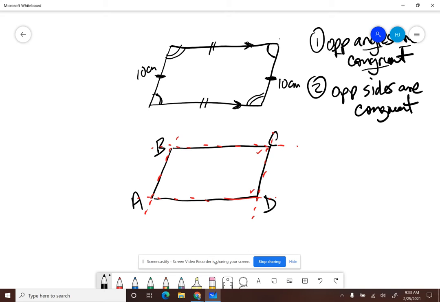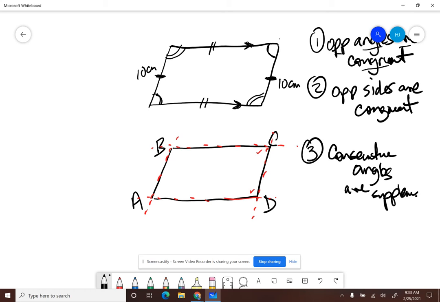Then from here I go to D and to A, and then from A to B, it's the next one in line, okay? So when we're talking about parallelograms, we understand that consecutive angles are supplementary. I'm going to abbreviate that.